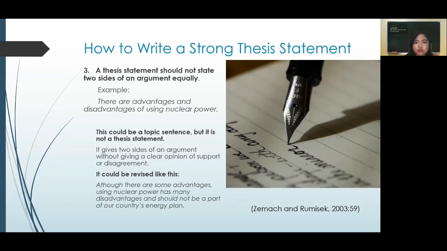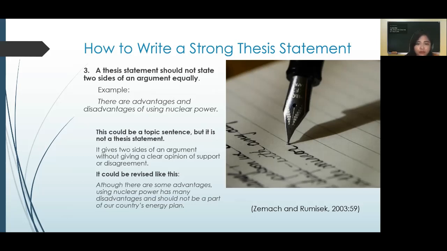This could be a topic sentence, but it is not a thesis statement. It gives two sides of an argument without giving a clear opinion of support or disagreement. You don't put your opinion whether you agree or not to this statement.